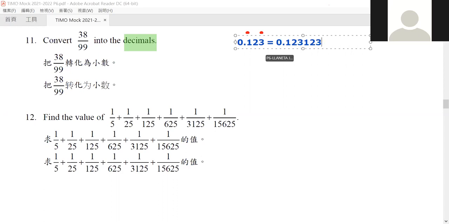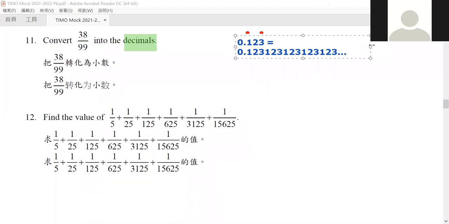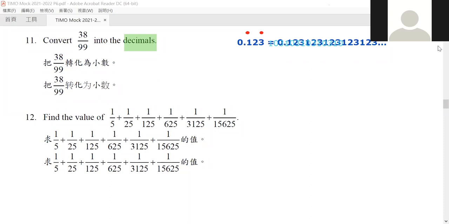You just keep repeating the digits between the two dots, the pattern in here. So this is called a recurring decimal, or sometimes an infinite decimal.